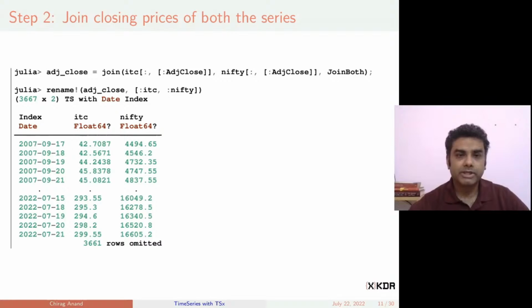So this is how the data now looks. We have two columns, ITC and Nifty, and the index contains all the dates for which data was present in both the symbols, both the securities.